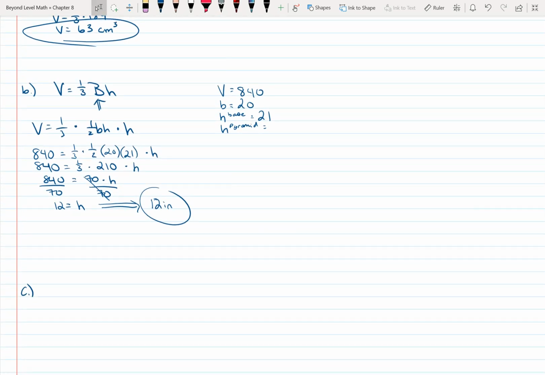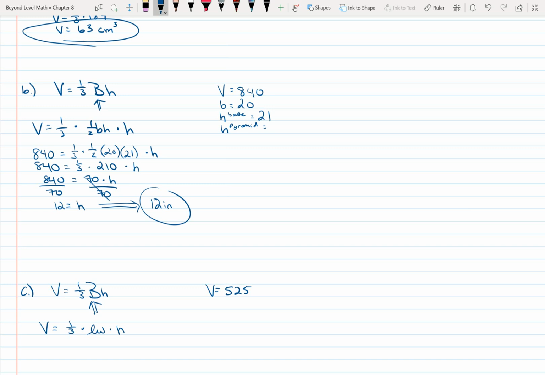Alrighty, got it, C. Rectangular pyramid. Okay, so I can start out with my original formula. V equals 1/3 capital B times H. It said rectangle, so I'm going to break this down to length times width. Rectangular pyramid has a volume of 525.